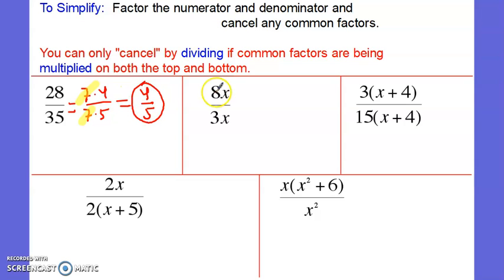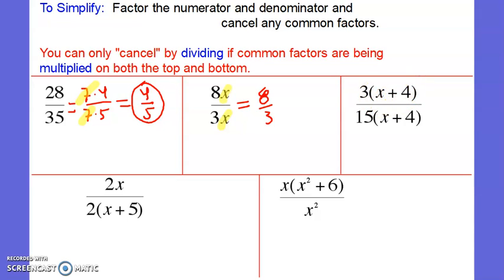Well, the same thing goes with x times 8 and 3 times x here on the bottom. Again, if there's an x multiplied on both the top and the bottom, then we can eliminate that, and simplifying we would get 8 over 3. Again, the same thing goes for quantities.